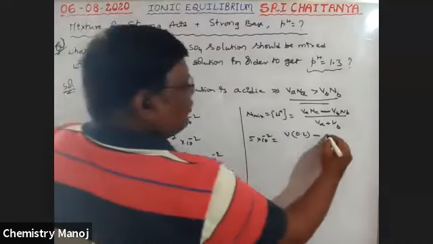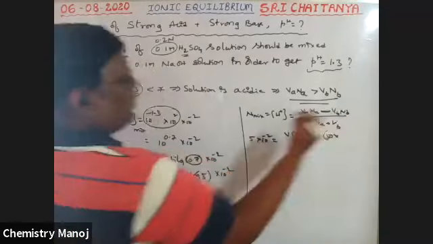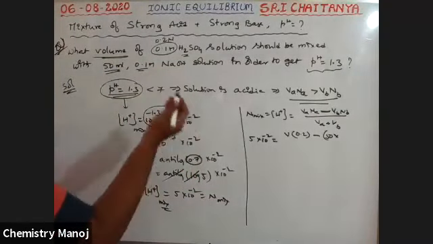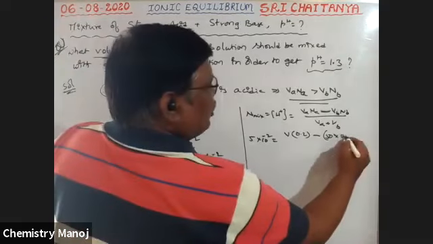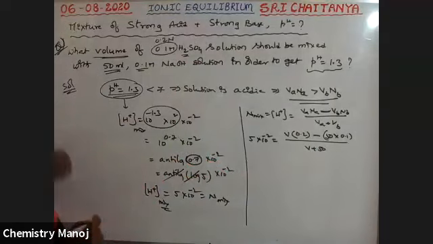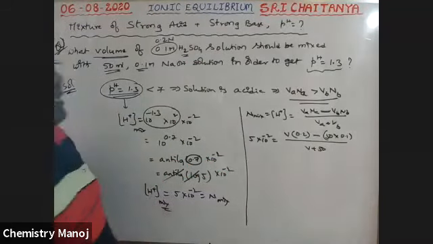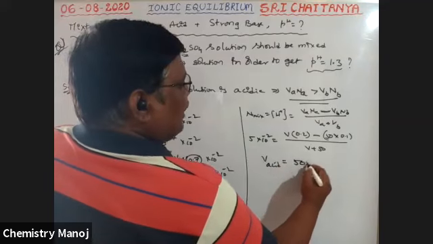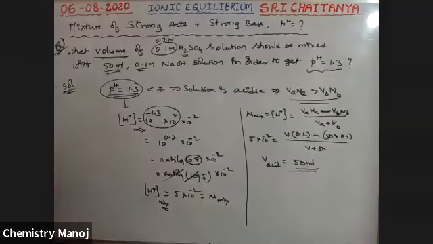That is 50 into N. Molarity and normality in this case are the same because the N factor is 1. So which is equal to 0.1, by V plus 50. So finally tell me boys, how much is the V value? That is the volume of acid, which is equal to 50 ml.